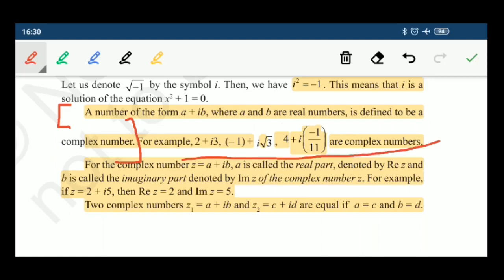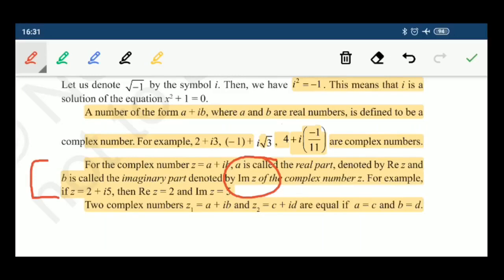A complex number is always represented in the general form z equals a plus iota b, where a is called the real part and it is represented by Re z, and b is called the imaginary part and it is represented by Im z of the complex number.